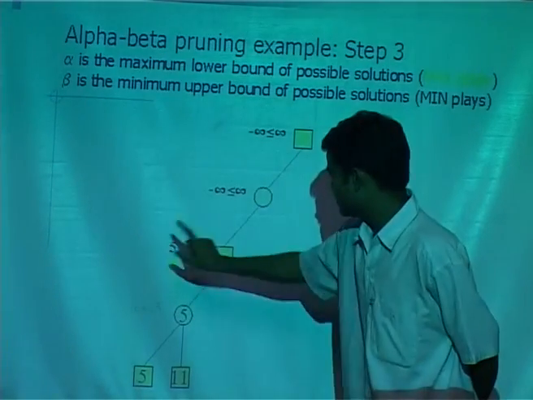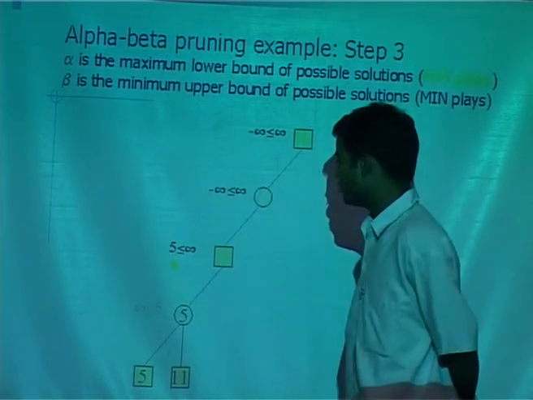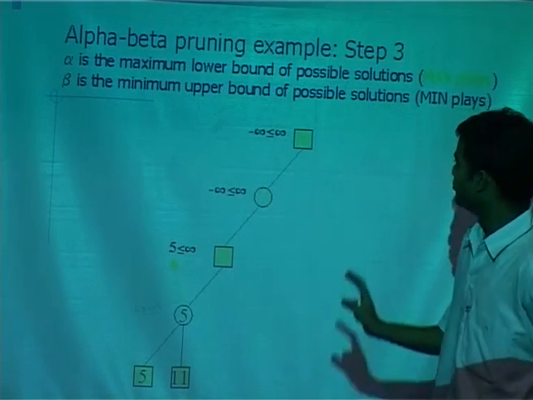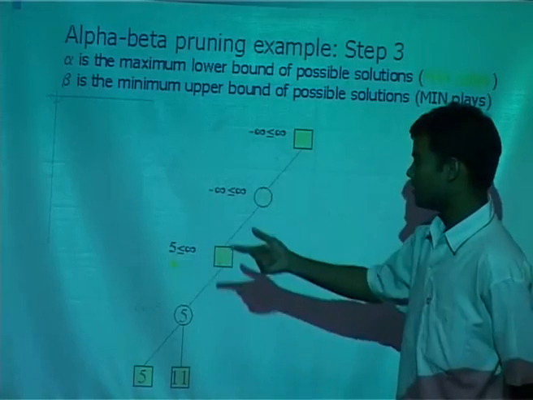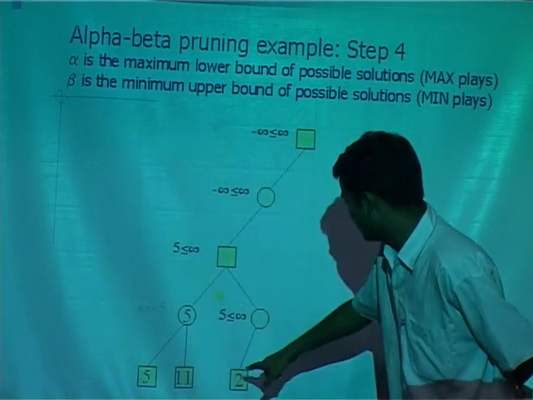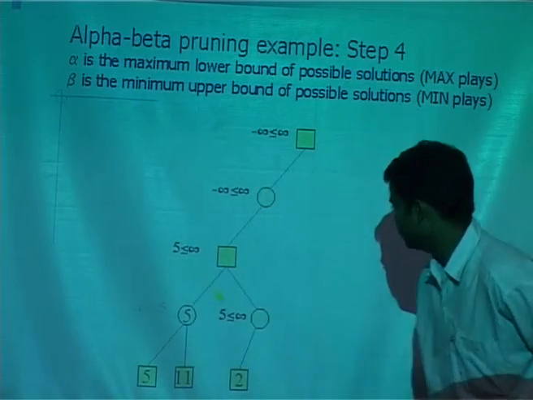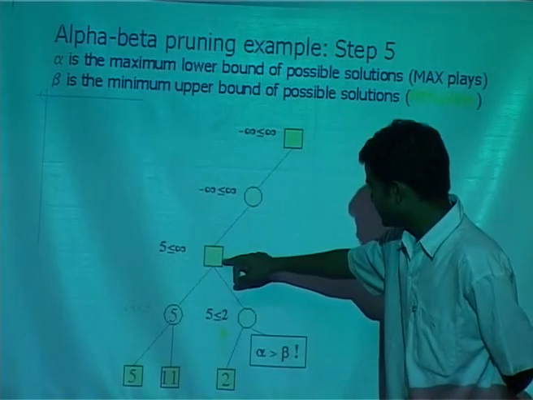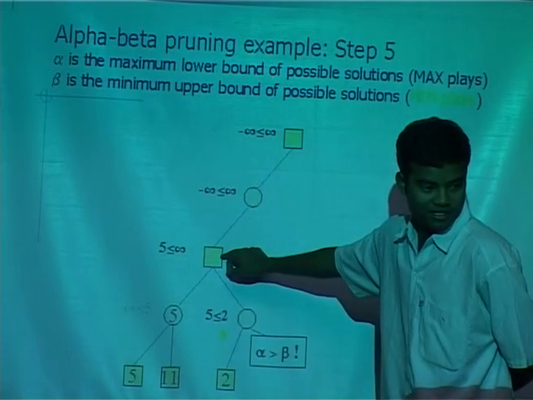Now this is for pruning by alpha-beta. Now the next slide. Here it is 2, because it tries to maximize.